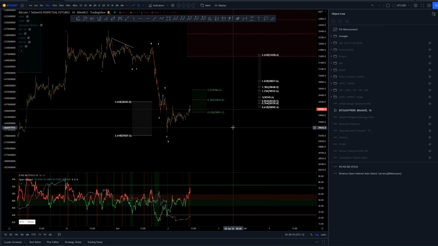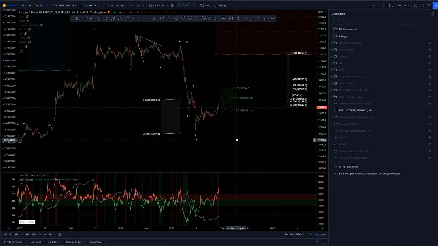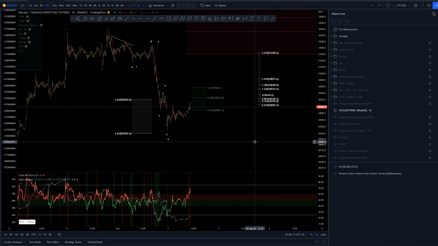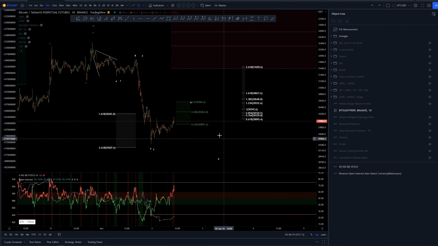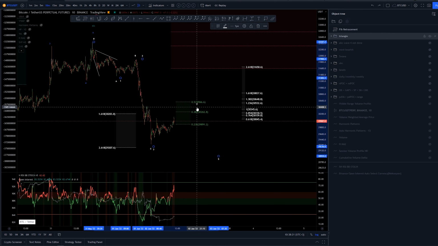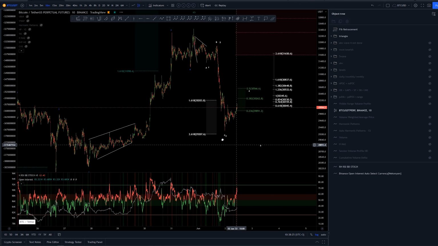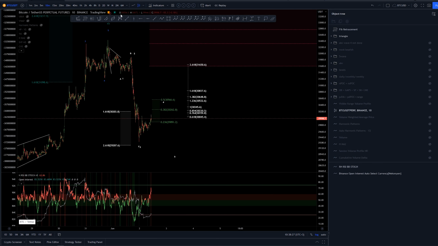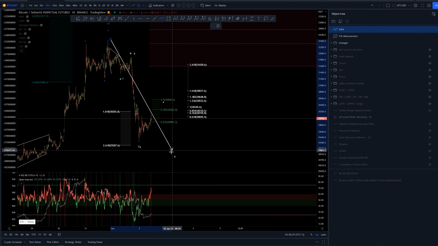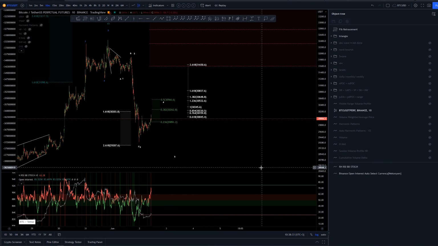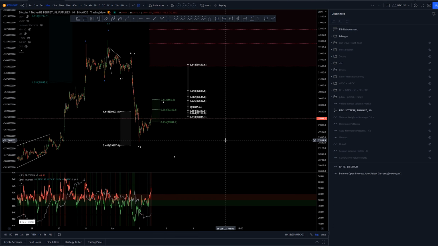I'm not playing this at the very moment, as it is not clear to me what kind of direction we're taking. We could be taking one more dump here, supporting this kind of structure where we are looking for the wave 4 and then coming 5 ways again downwards, and that would be a 5 wave structure coming down. Then most likely we are correcting upwards and then continuing the structure downwards.